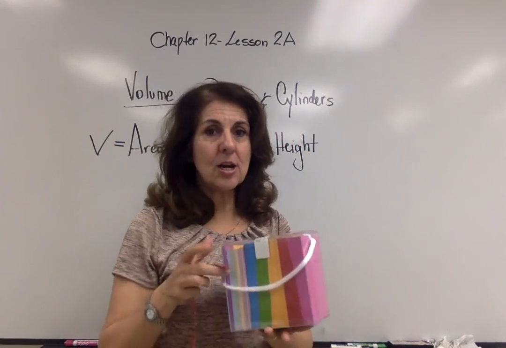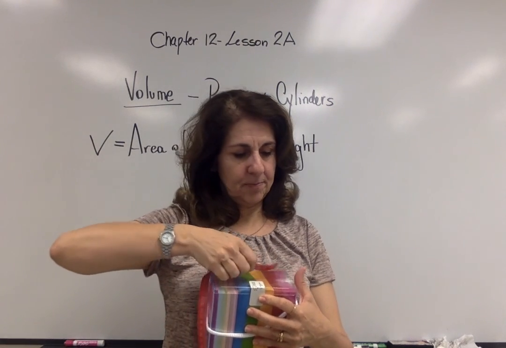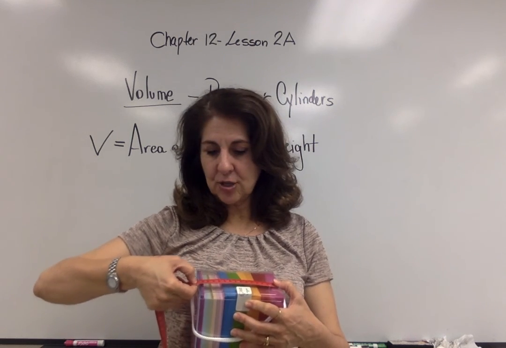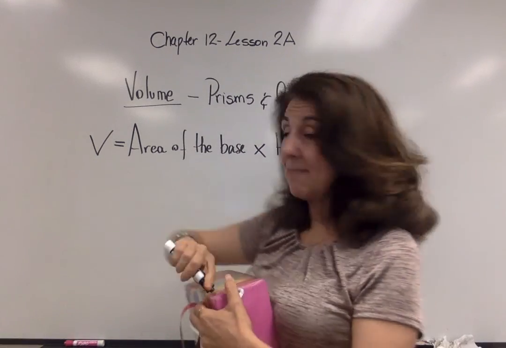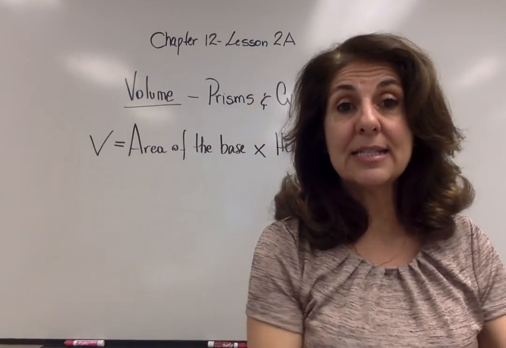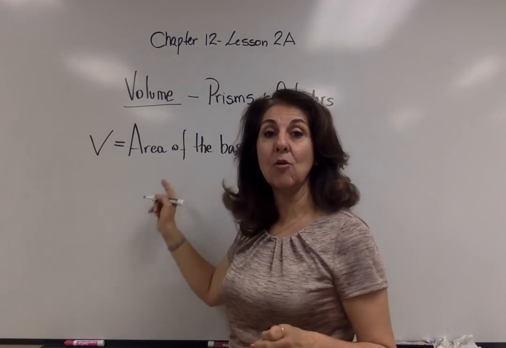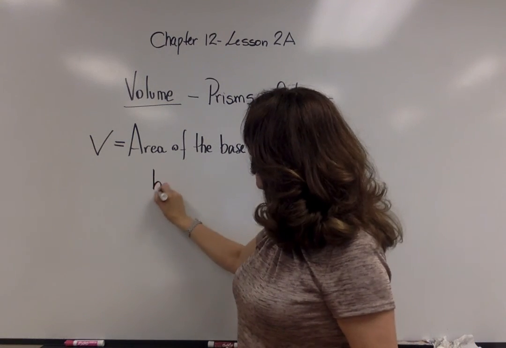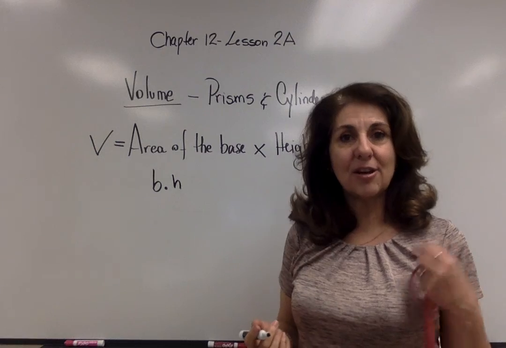So I measure, and it measures 15 centimeters. My base here is a rectangle. How do I find the area of a rectangle? I find base times height. This is how I find the area of a rectangle.